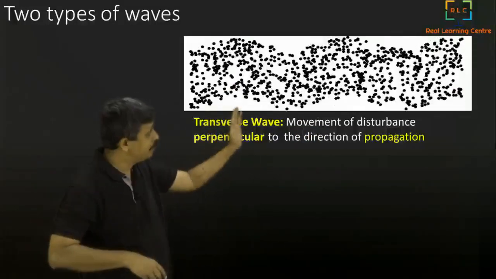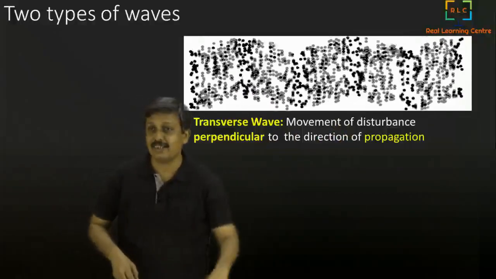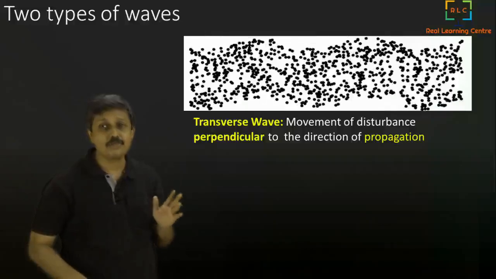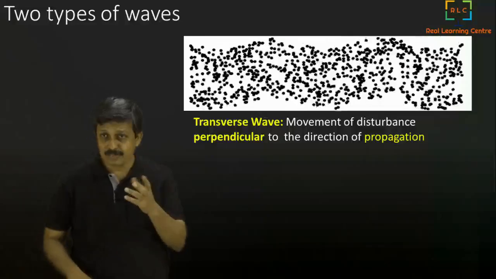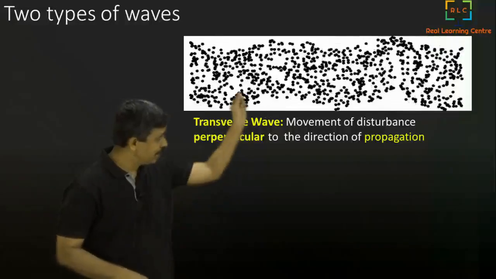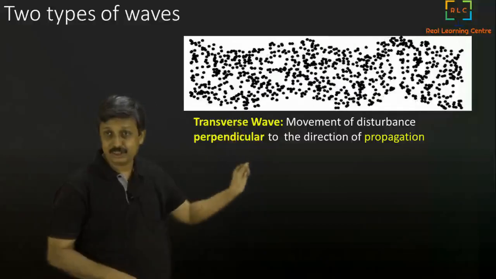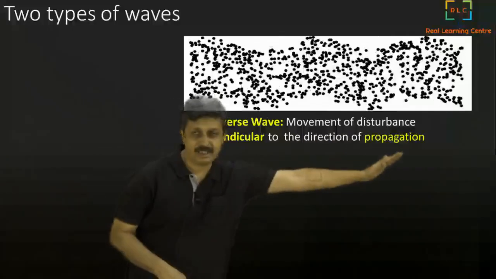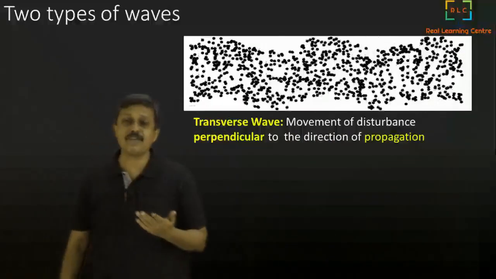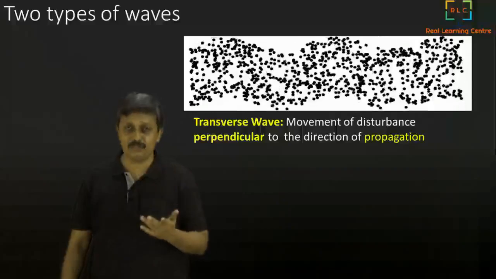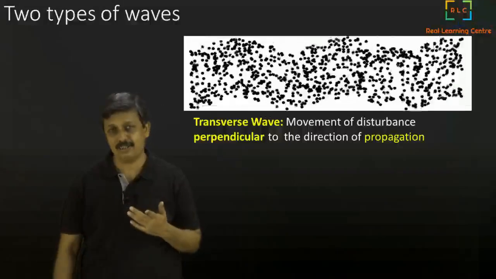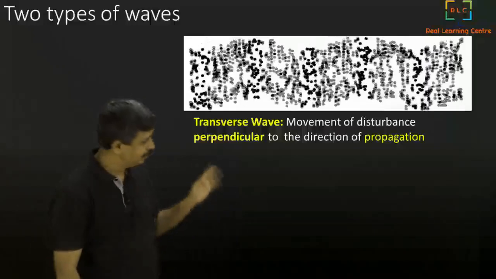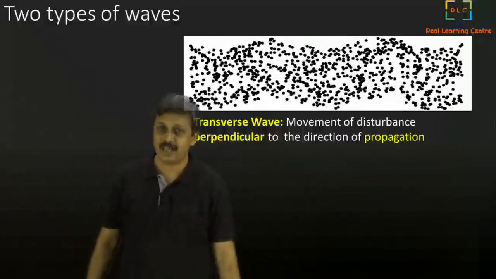The displacement happens in this direction, and the wave propagation happens in this direction, left to right. We call this a transverse wave, where these two are perpendicular. Every particle goes up and down, whereas the whole wave goes from left to right.